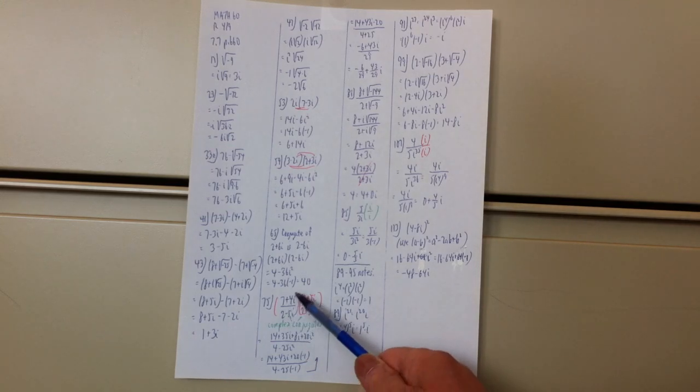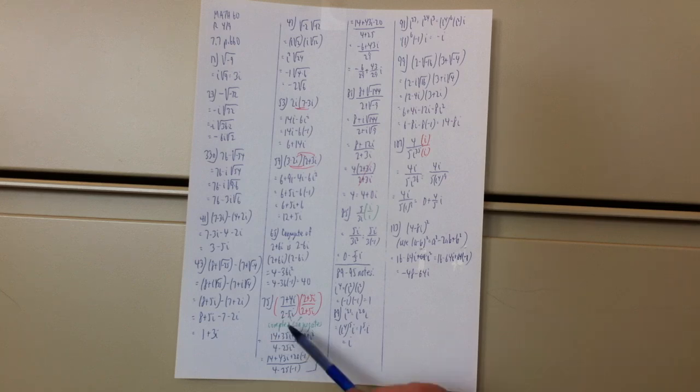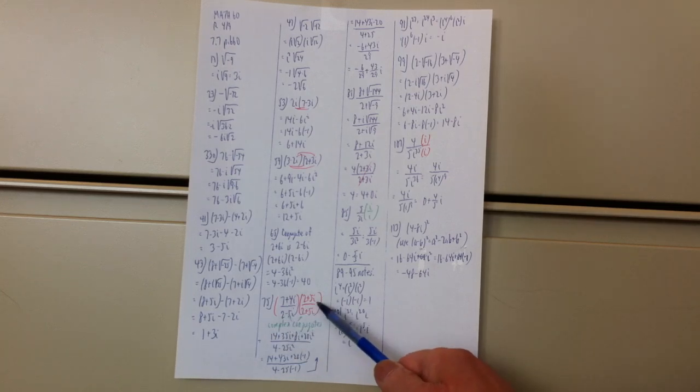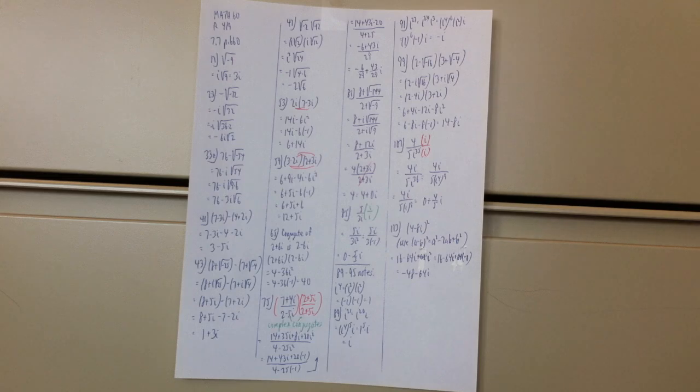Numerator I just FOIL. 7 times 2 is 14. 7 times 5i is 35i. 4i times 2 is 8i. 4i times 5i is 20i squared. And then I go about simplifying. And 35i plus 8i is 43i. And 20 times i squared, again, i squared is negative 1, so 20 times negative 1.